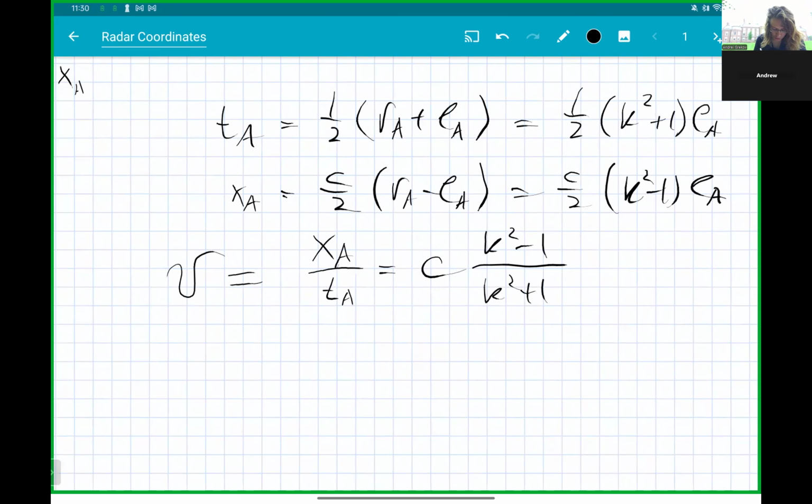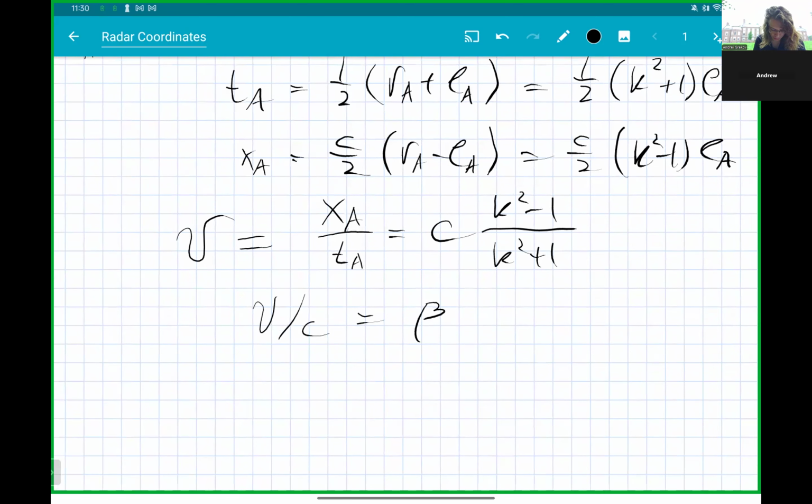Now let's solve for K. So if we introduce V over C equals beta, a standard notation, we have 1 plus K squared times beta equals K squared minus 1.